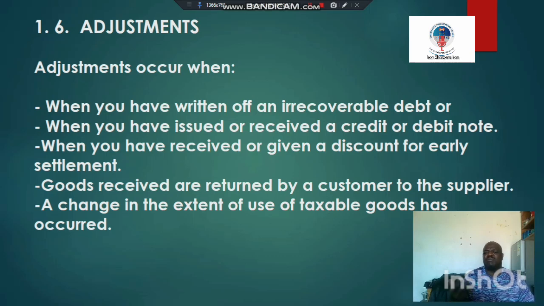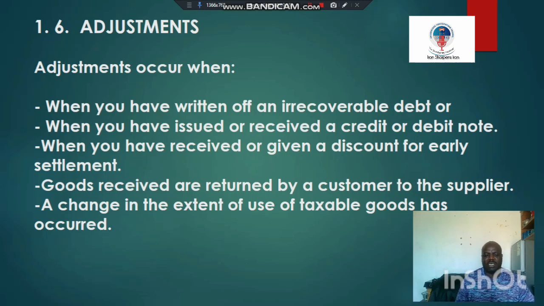It's when, for example, you have written off an irrecoverable debt, or when you have issued or received a credit or debit note, or when you have received or given a discount for early settlement. You have to adjust this amount. It also happens when goods are returned by a customer you have sold to, and they return a product.